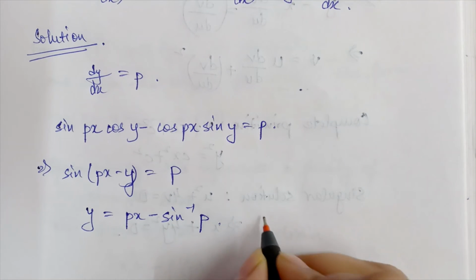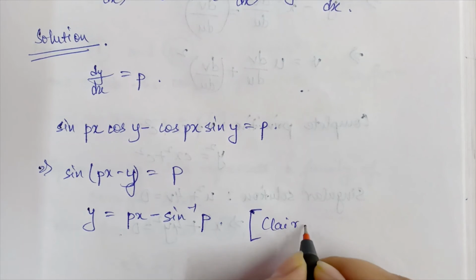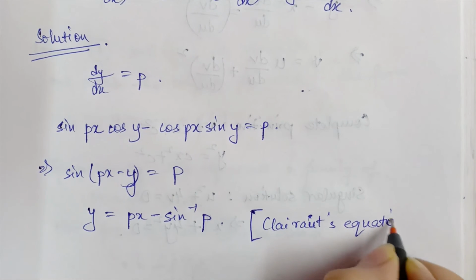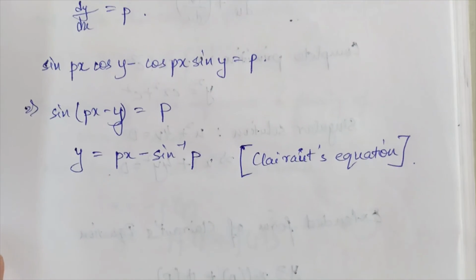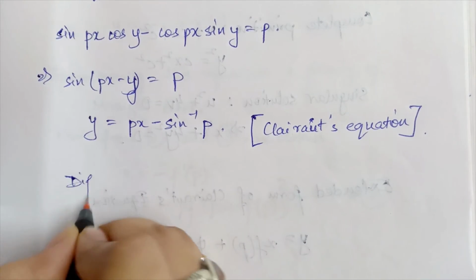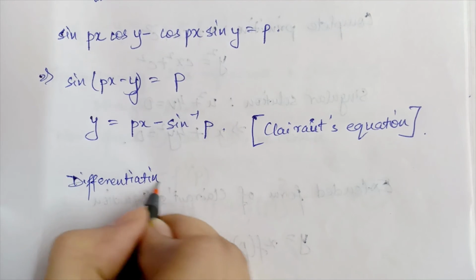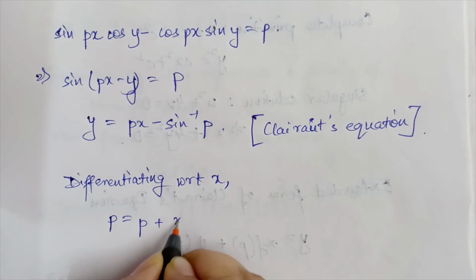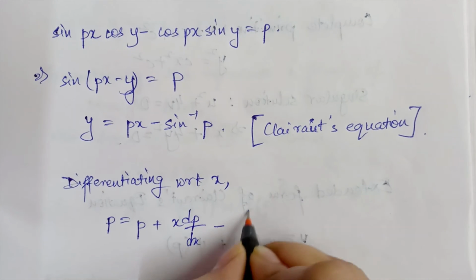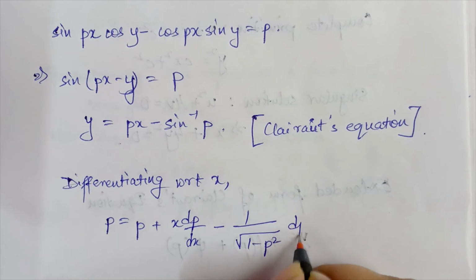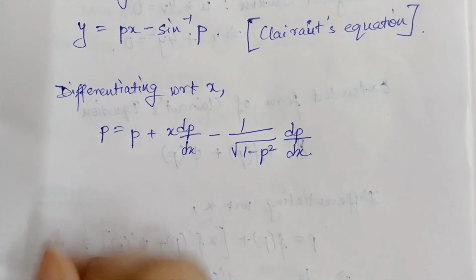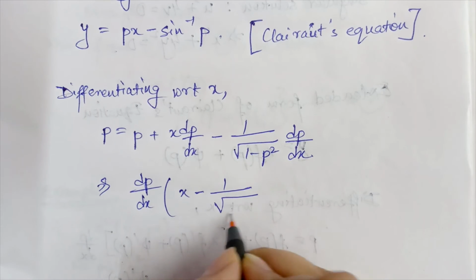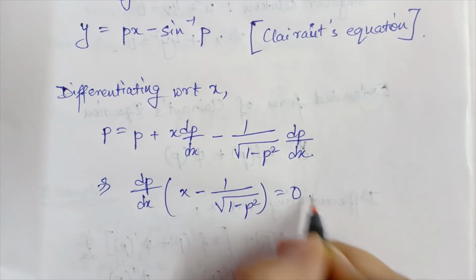This is in Clairaut's form. Now differentiating this with respect to x, we get p equals p plus x dp by dx minus 1 by root over 1 minus p square dp by dx, or dp by dx within brackets x minus 1 by root over 1 minus p square equals 0.